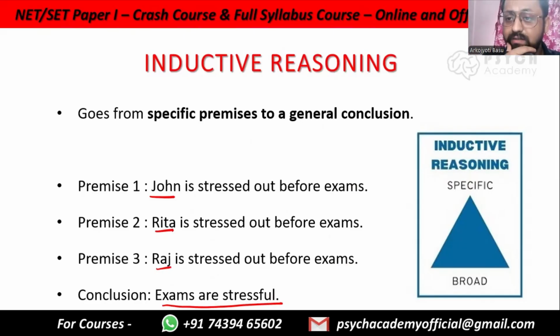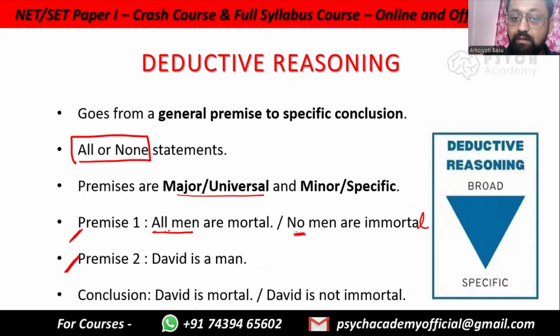The other point is in deductive, since we knew about all instances, making the claim was universally valid. If all men are mortal and David is a man, David has to be mortal. If no men are immortal and David is a man, David cannot be immortal.